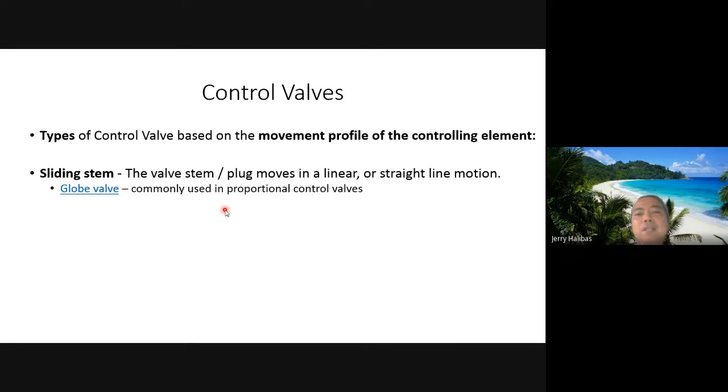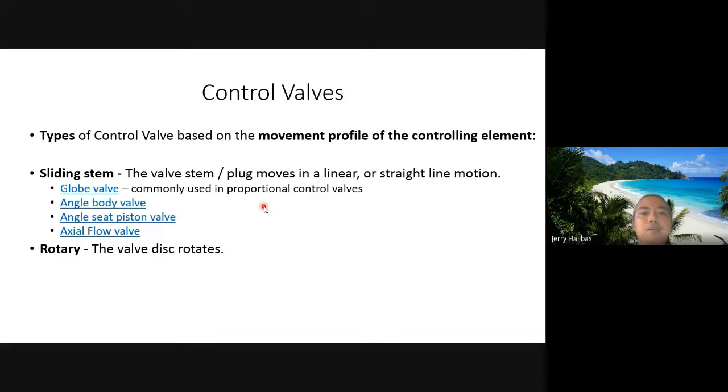Globe valves are usually used as proportional control valves. Then there are angle body valves with an angle seat, tilted by 30 or 45 degrees, then axial flow valves. Then rotary, for example the motor operated control valve; it rotates.